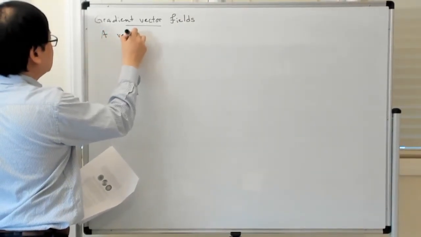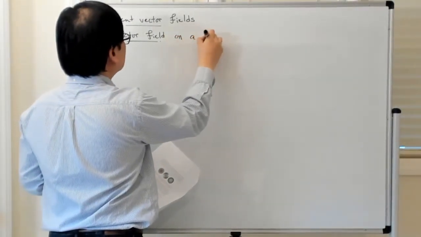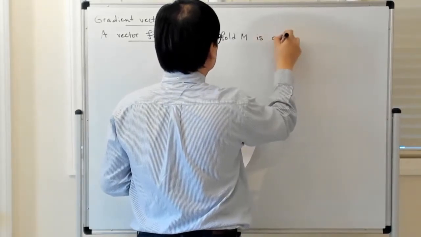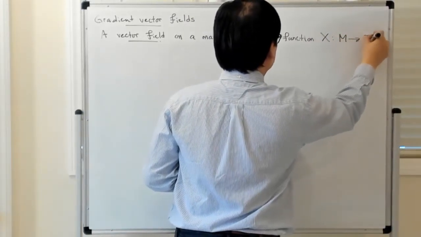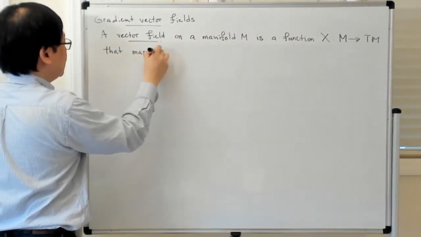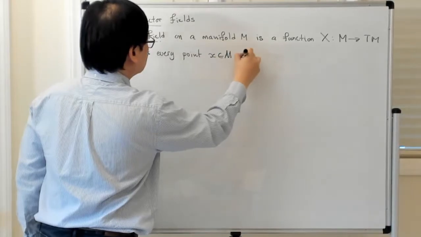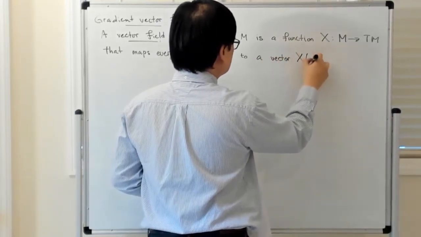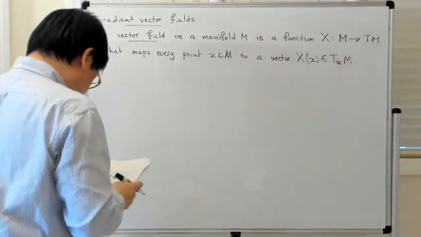A vector field on a manifold M is a function, let's just denote that as X, from the manifold to the tangent space of the manifold, that maps every point x in M to a vector, denoted by X(x), which is an element of the tangent space at x to the manifold M. So that's quite natural.